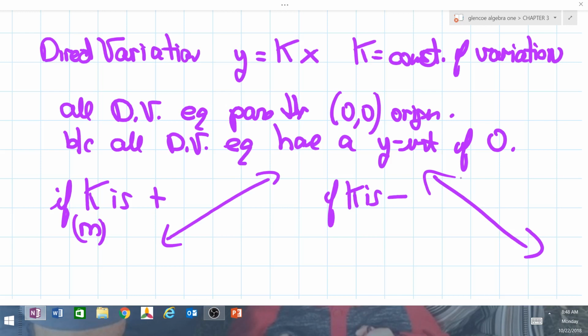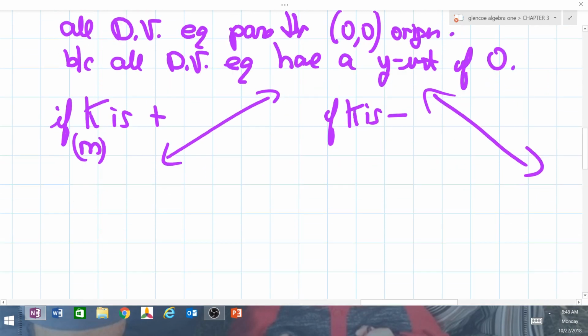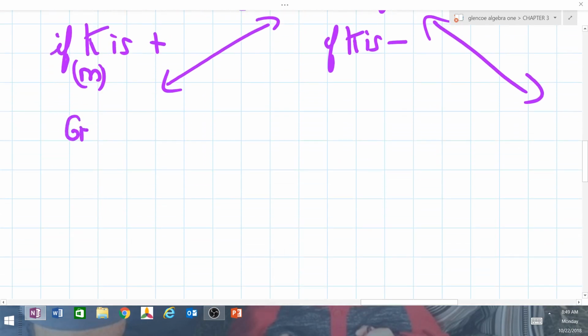If k is negative, the line will fall from left to right. Okay? So if I said to you, graph y equals 3x, you could all tell me that m, the slope of that line, is what, guys? 3 over 1. What's the y-intercept? If it's not there, what does it equal?